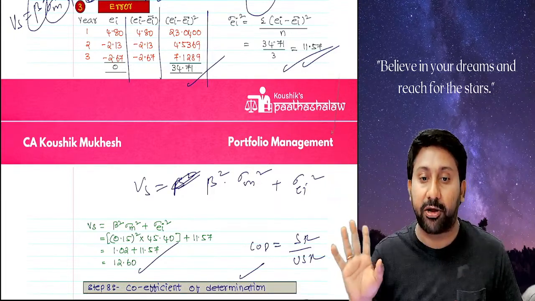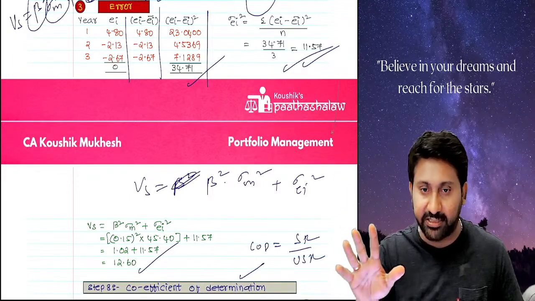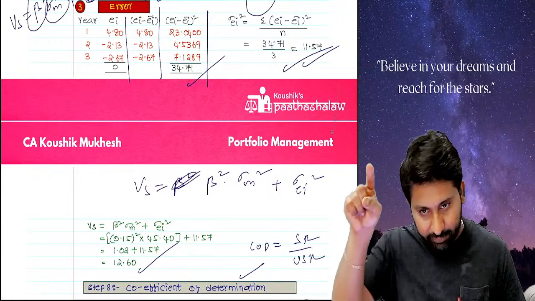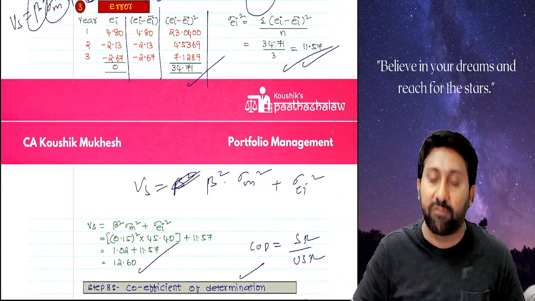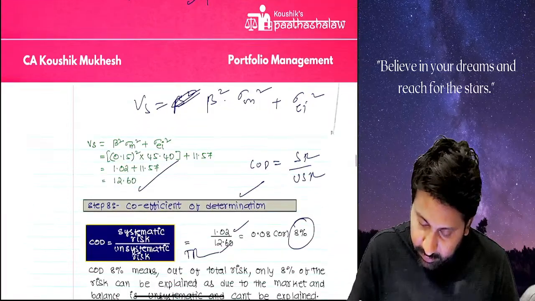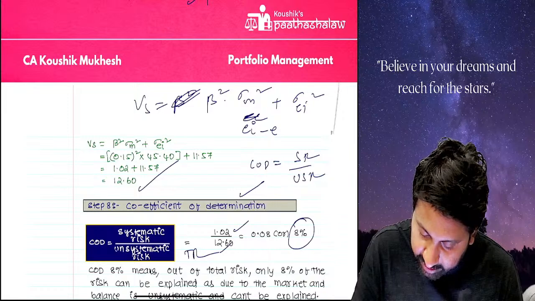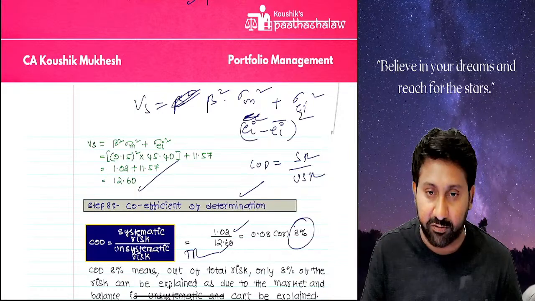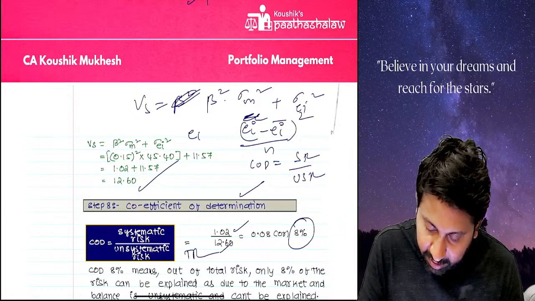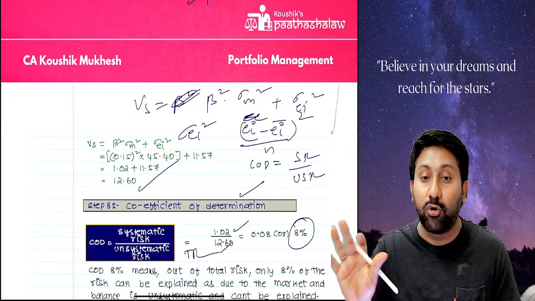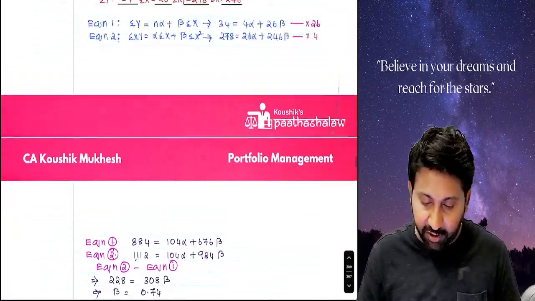Sigma ei is important. You calculated ei, further calculated ei bar, it will be 0 obviously. Ei minus ei bar, you will get one answer. Square it, total it. When you total it, it becomes the sum of (ei minus ei bar) the whole square, divided by n. If you do that, it will become sigma ei square. Again, don't take the root because we want the variance directly. Don't do the standard deviation. This is the formula.